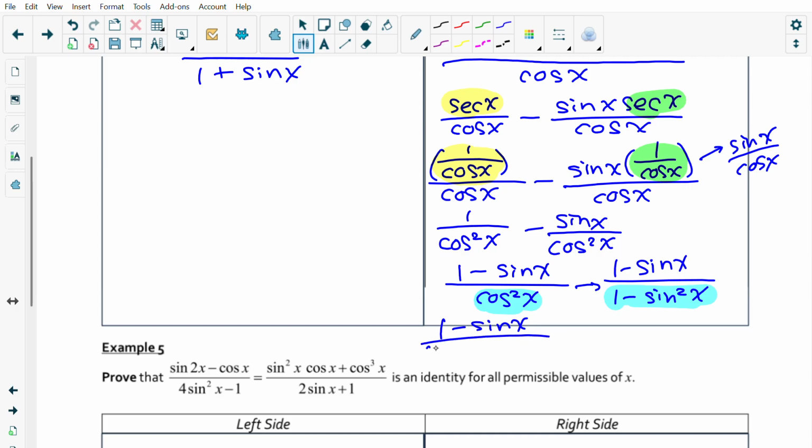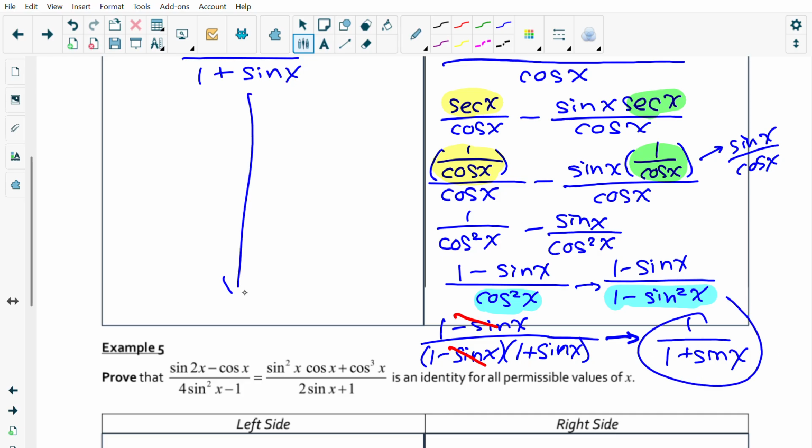I have 1 minus sine of x divided by, let's factor that, 1 minus sine of x, 1 plus sine of x. And then 1 minus sine of x divided by 1 minus sine of x is 1. And then I'm left with 1 over 1 minus sine of x. Oops, 1 over 1 plus sine of x.